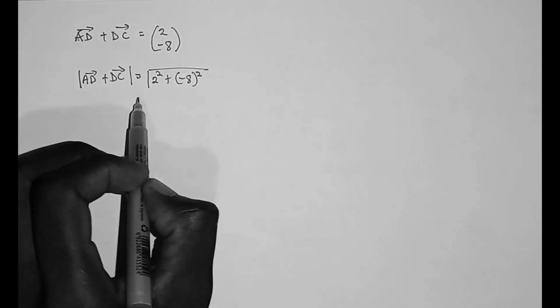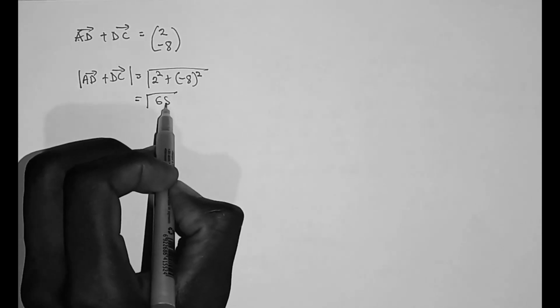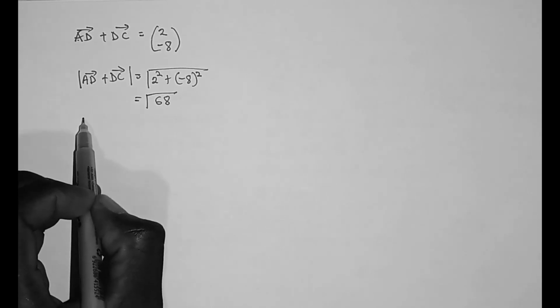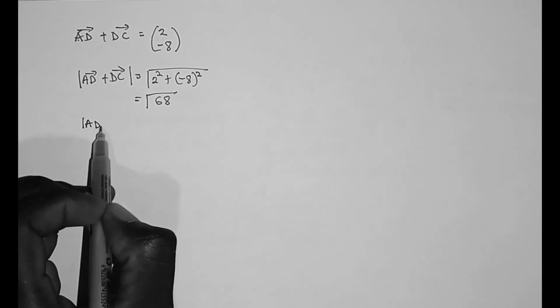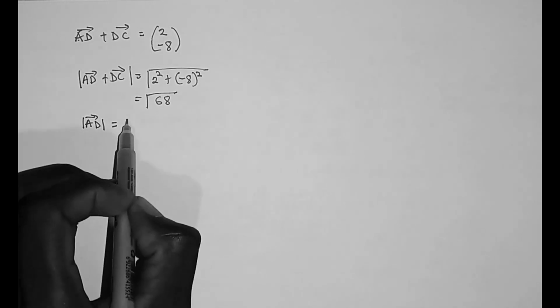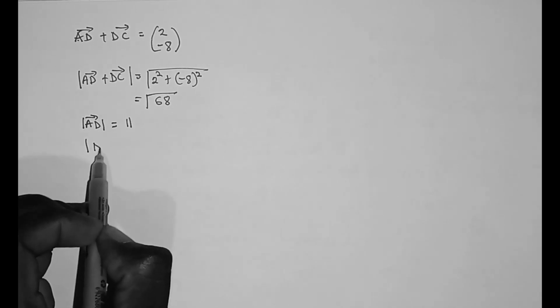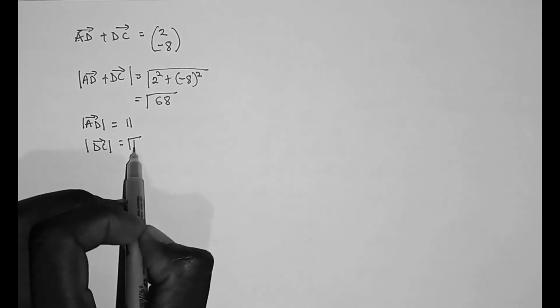And that is equal to square root of 68. We've already established that the magnitude of vector AD is equal to 11. And then the magnitude of vector DC is equal to square root of 13.